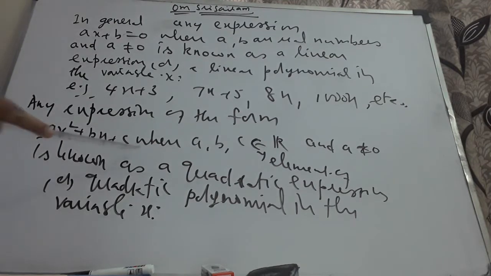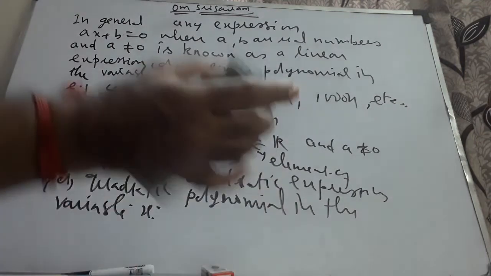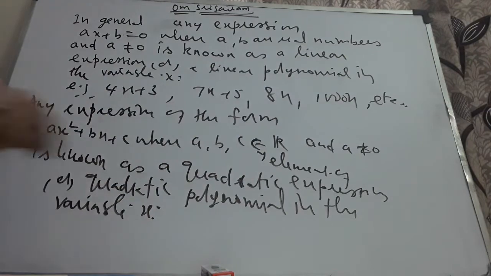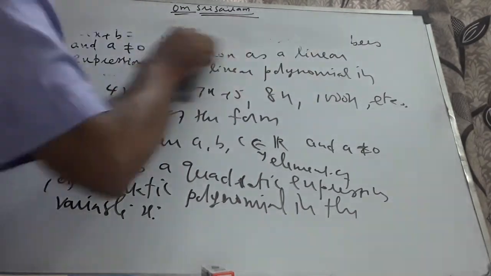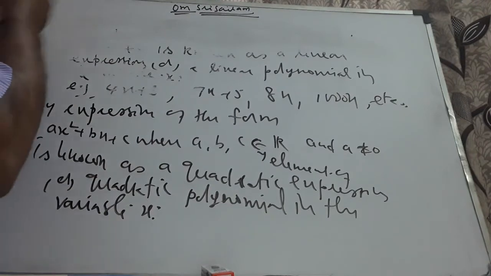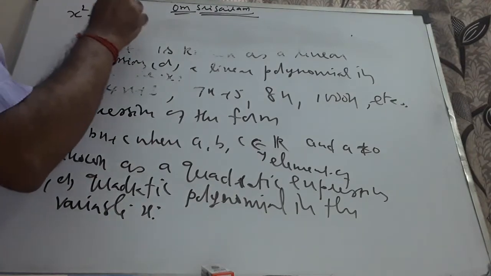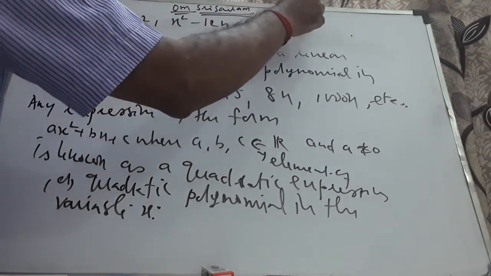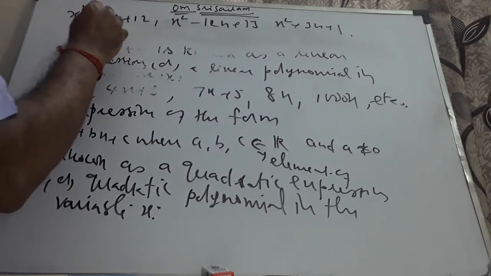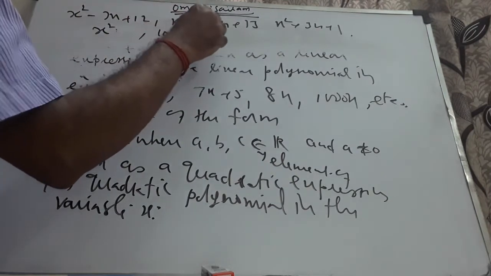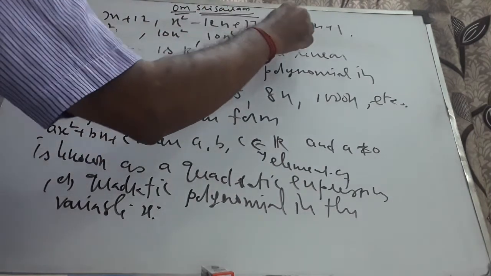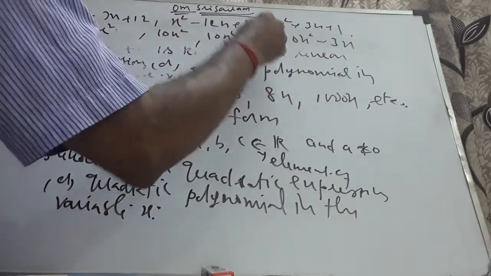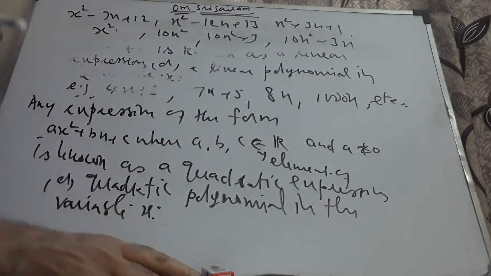You can think about various examples: x square minus 7x plus 12, x square minus 12x plus 13, x square plus 3x plus 1, 10x square, 10x square plus 3, 10x square minus 3x. These are various examples of quadratic expressions.